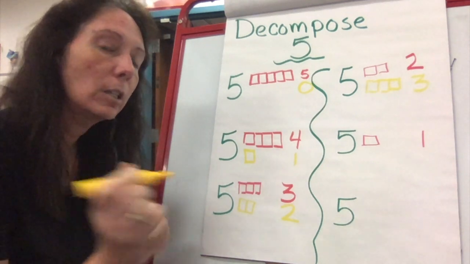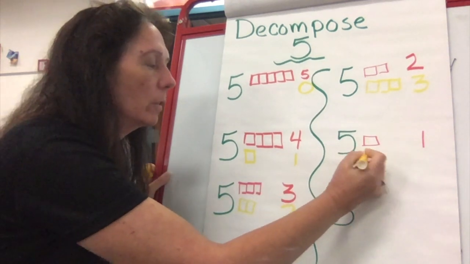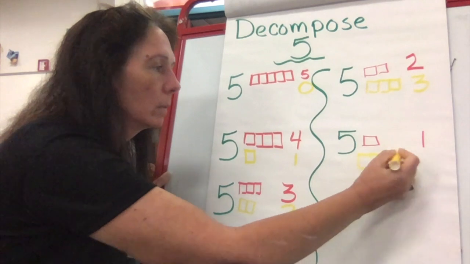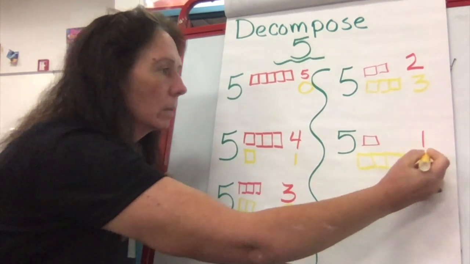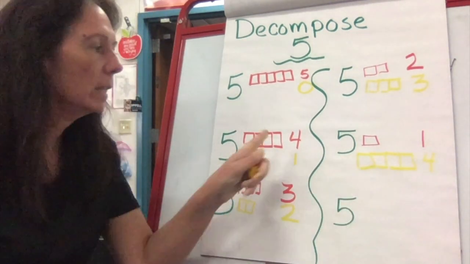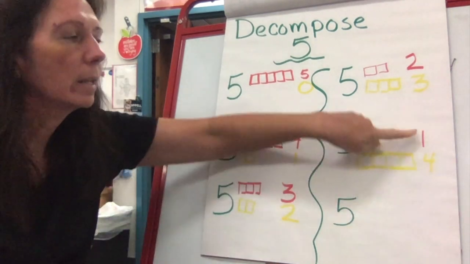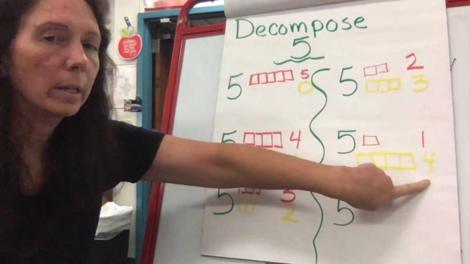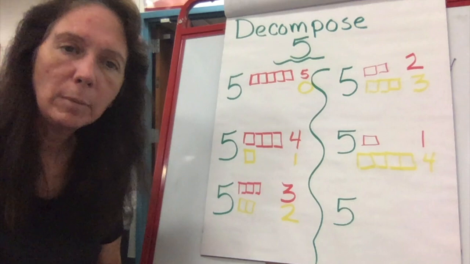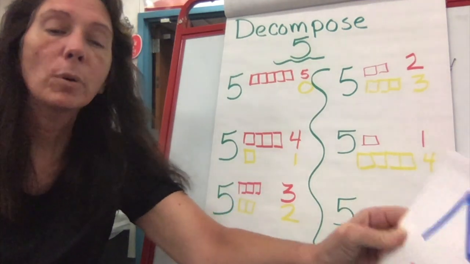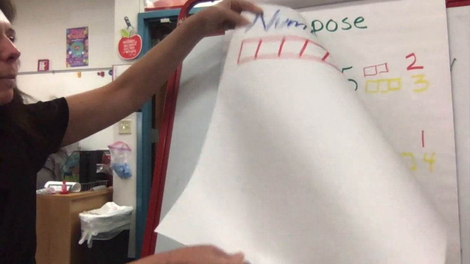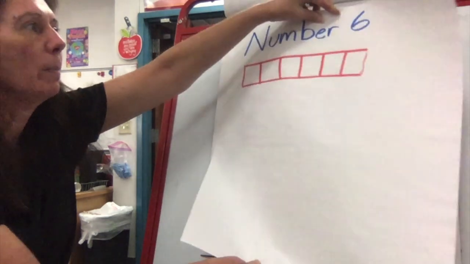But remember, it looks a little different because the order is different. You can see I had 4 and 1, and now I have 1 and 4. Same numbers.